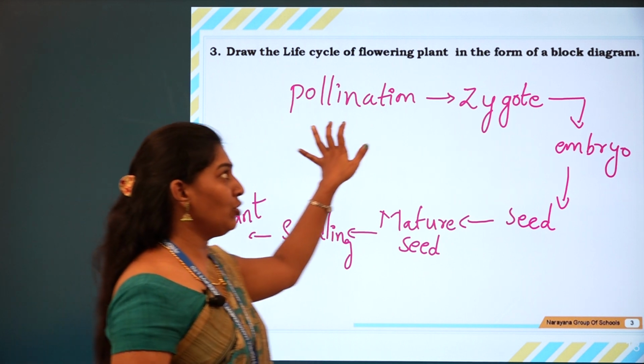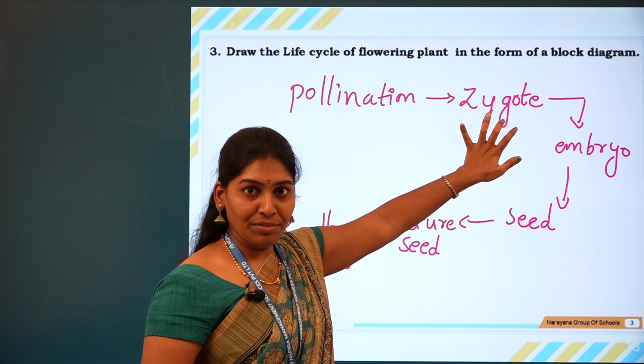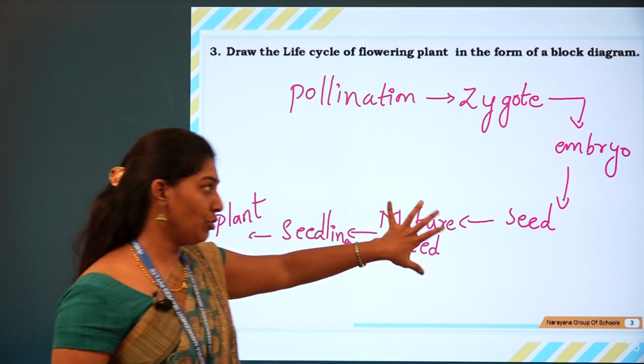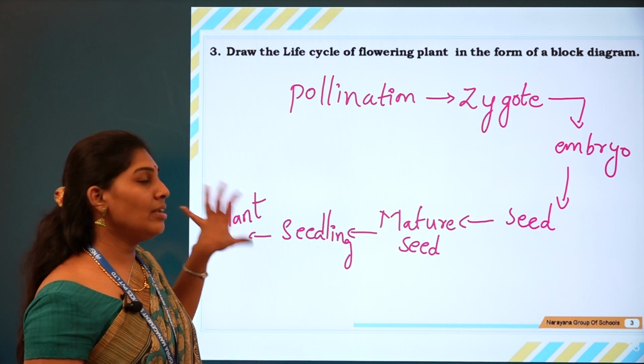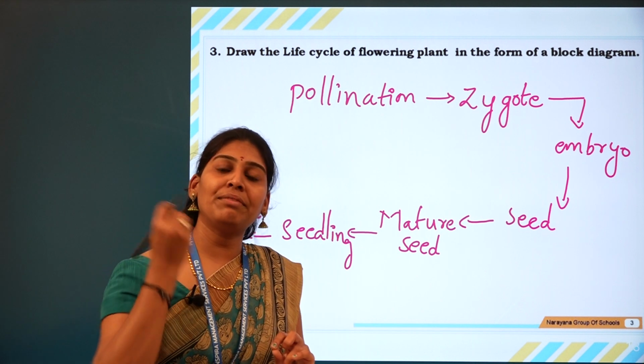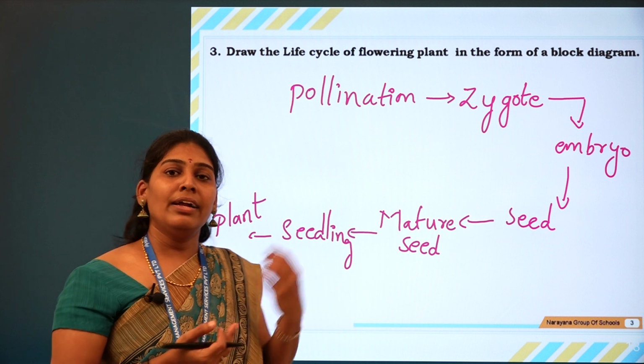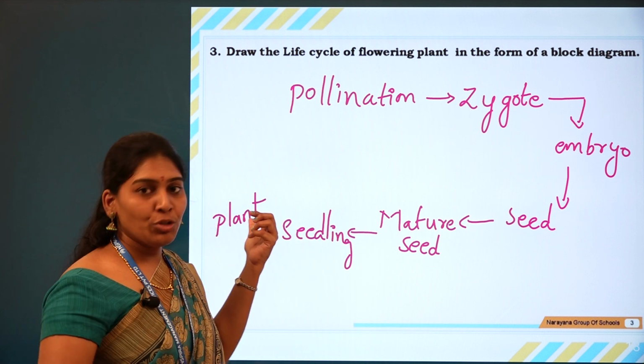So after pollination, fertilization takes place and forms a zygote, embryo, seed, mature seed and the seedling. Then the seedling develops the stem, roots and all the parts, and develops into a mature plant.